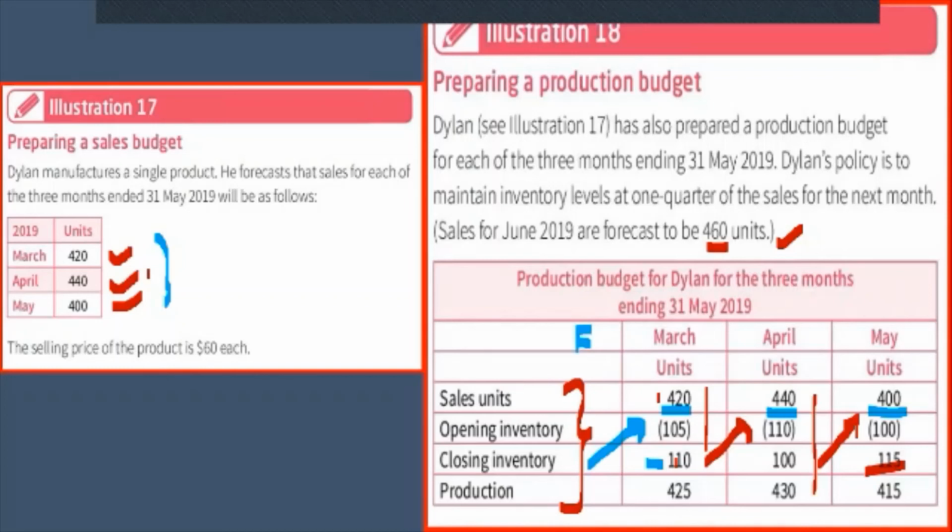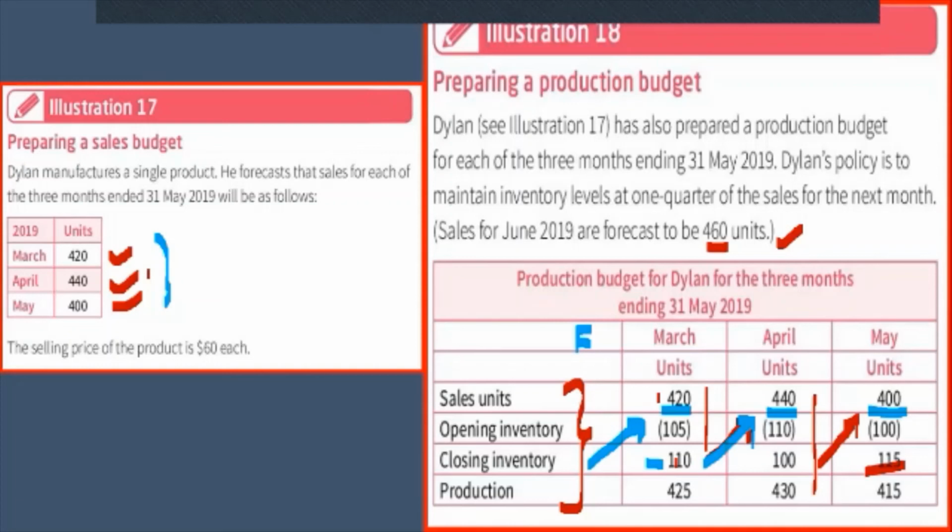Okay, now the 110 from here, the closing inventory of one month, becomes the opening inventory of the next month, right? And this 100 would be 25% of the 400 here. And we add this column down again, and we will get 430.